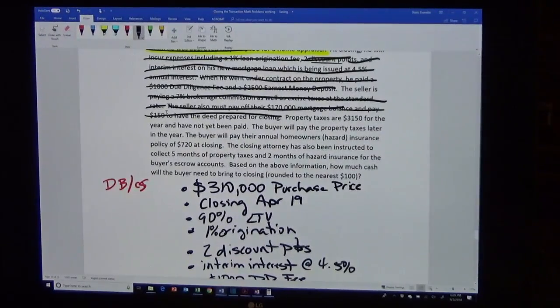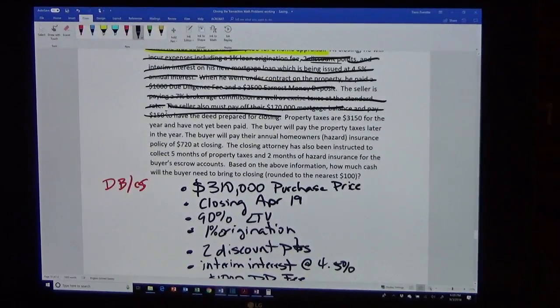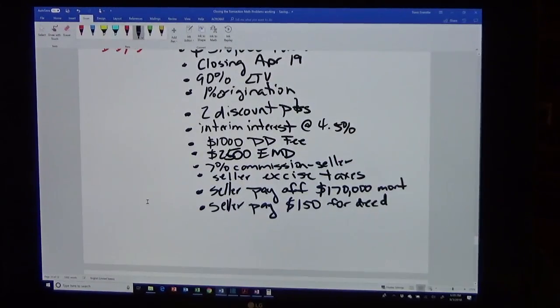It says property taxes are $3,150 for the year and have not yet been paid. The buyer will pay the property taxes later in the year. So we can mark all that out and make one bullet point for it. Property taxes. My computer definitely needs to be restarted.